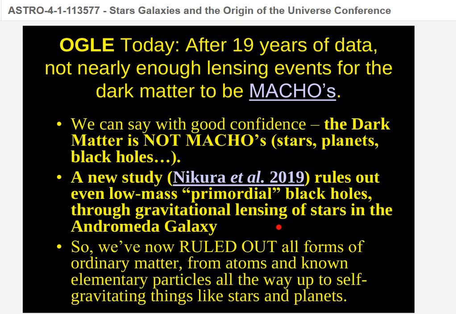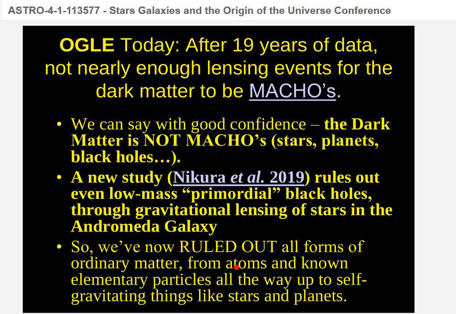So we've ruled out all forms of ordinary matter, from atoms all the way up to elementary particles of, well, atoms are made of elementary particles. So let's say atoms glom together to make molecules. So you can rule those out with absorption lines as well. Dust. So now we're talking about little bits of hundreds or thousands of molecules glom together.